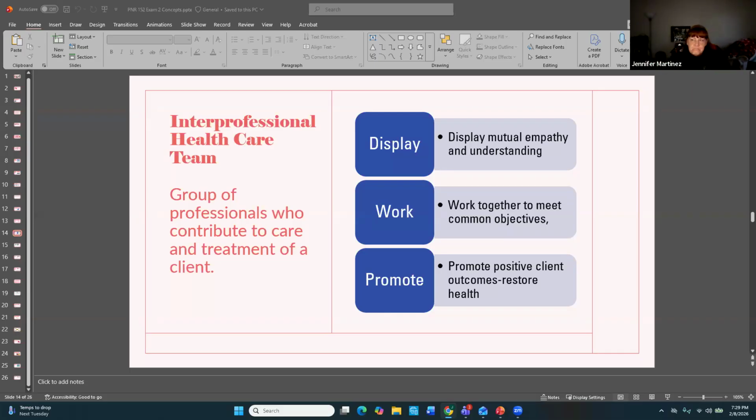The IDT team, which is your interprofessional healthcare team, consists of professionals who contribute to the care and treatment of a client, right? They display mutual empathy and understanding. They work together to meet the objectives. They promote positive client outcomes and restore health.